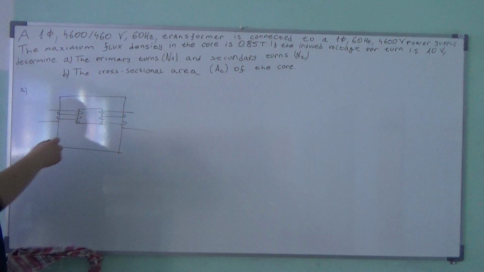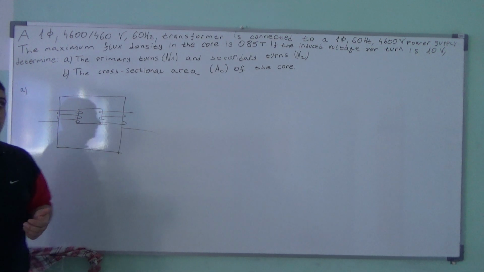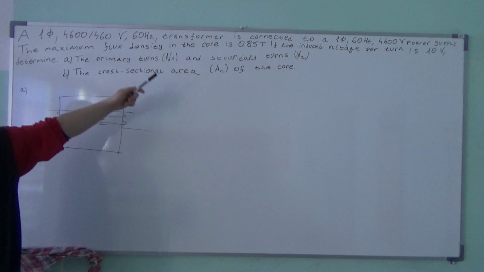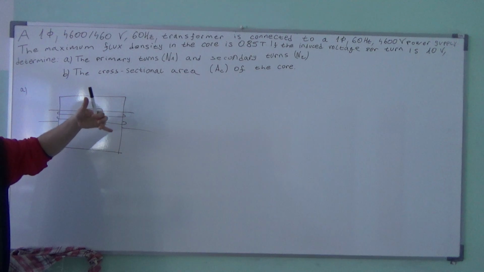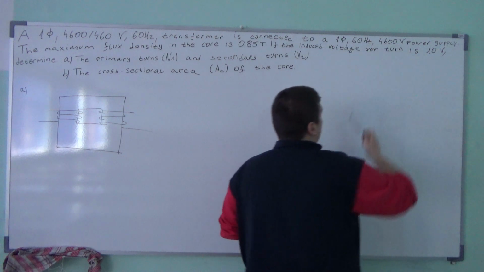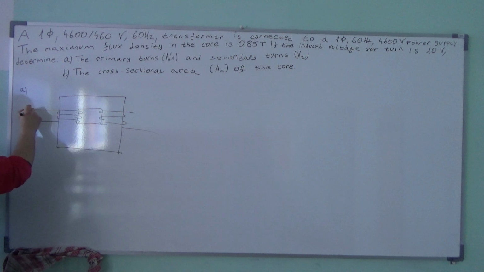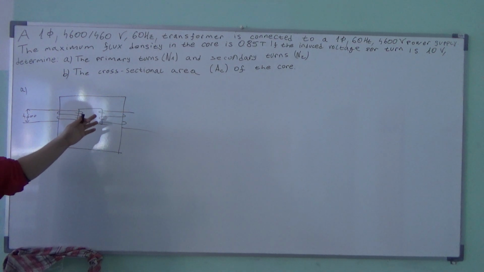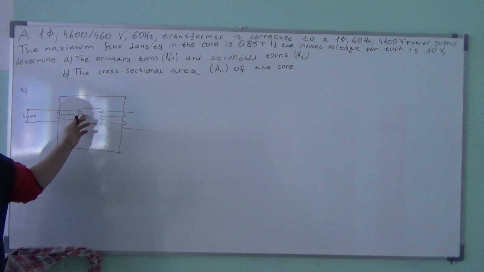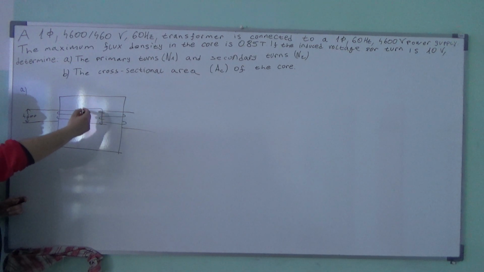So one turn is going to induce 10 volts in itself. But how many turns then do we have on the primary side? So if we have a 4600 volts power supply here, then the induced voltage will also be 4600 volts, but in all of these turns.